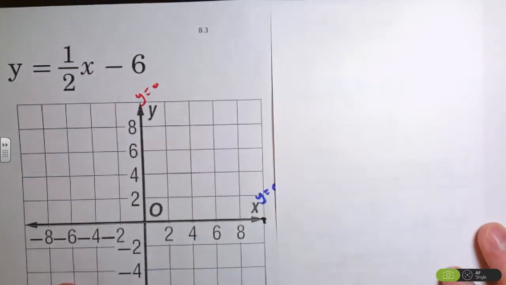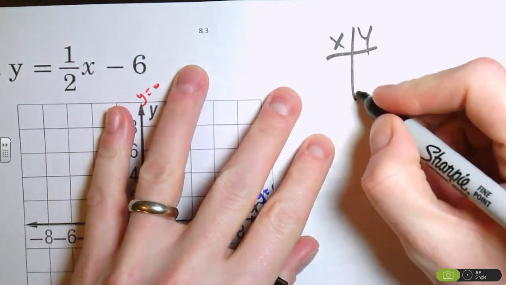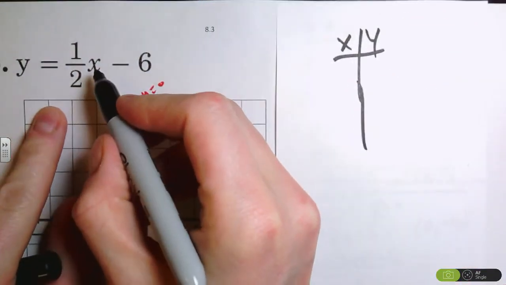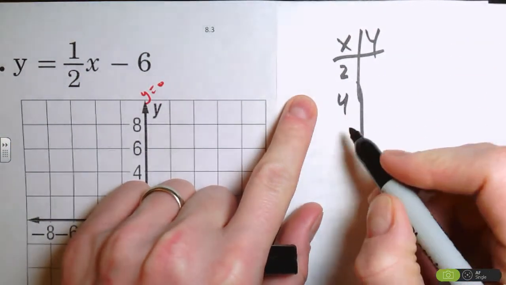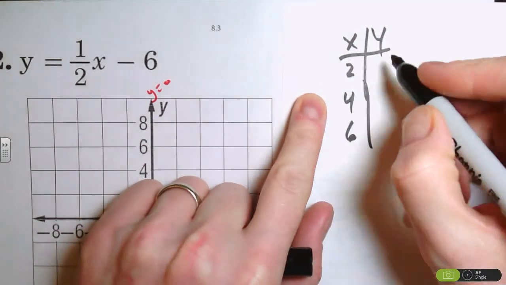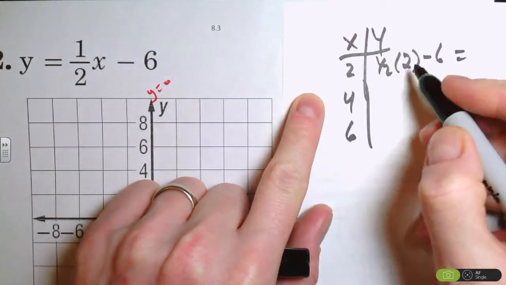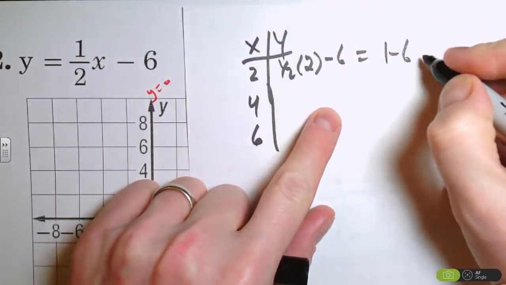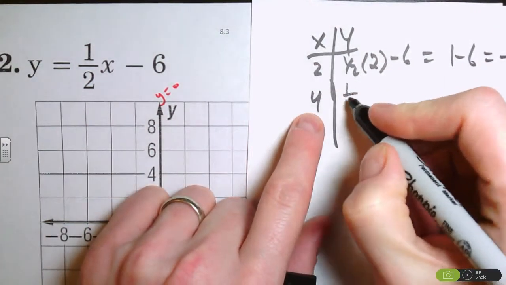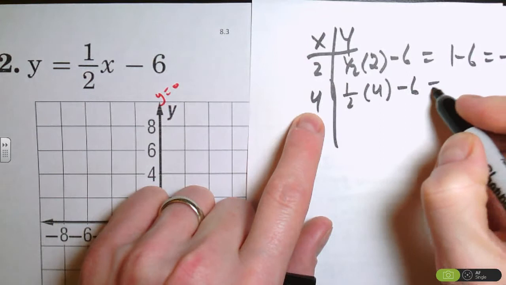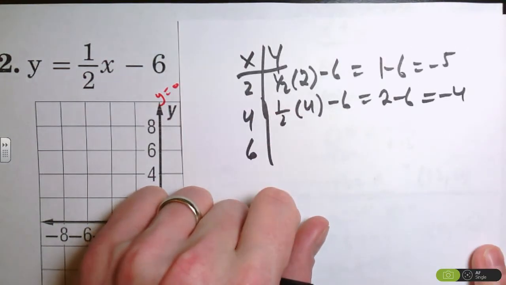Now, one word to the wise: anything I pick for x, I'm going to have to multiply by a half, which really means divide it by 2. So I'm going to cheat and pick even numbers. 1/2 of 2 minus 6: 1/2 of 2 is 1, and 1 minus 6 is negative 5. 1/2 of 4 minus 6: 2 minus 6 is negative 4.